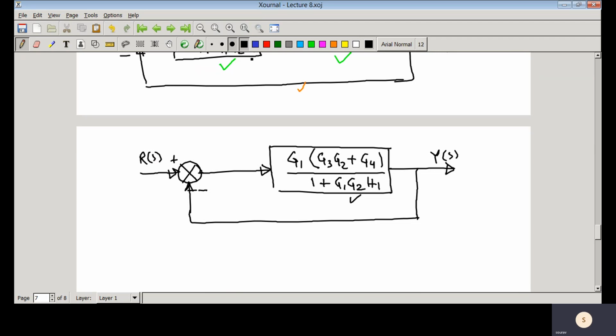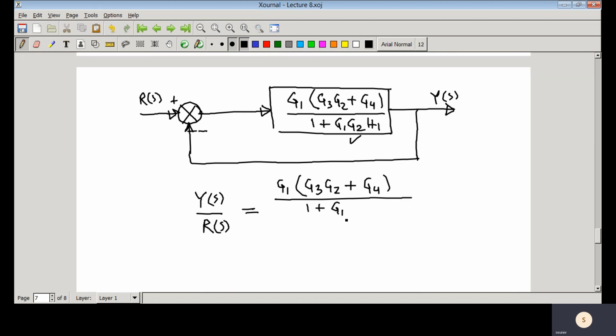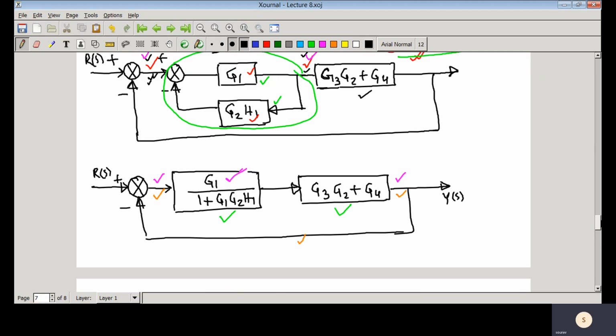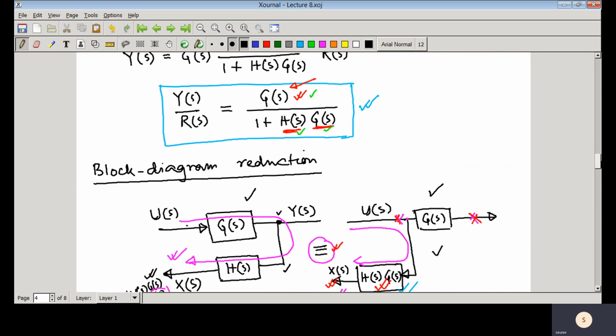Then what is Y(s) by R(s)? Y(s) by R(s) equals the forward path transfer function, that is G1 into G3 G2 plus G4 divided by 1 plus G1 G2 H1, whole divided by 1 plus the feedback path transfer function into the forward path transfer function.